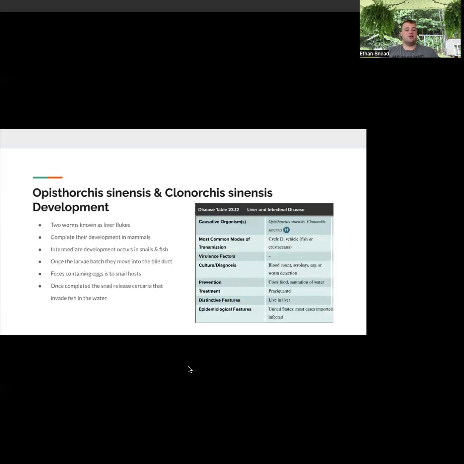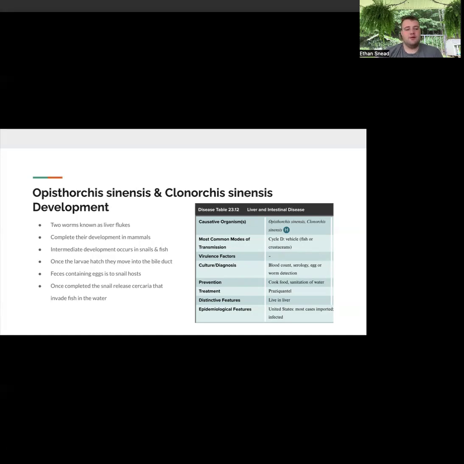Now we are on our final slide, and this is about two more helminthic diseases in the GI tract. Sorry for mispronouncing these again: Opisthorchis viverrini and Clonorchis sinensis, and this is the development of OS and CS, as we're going to refer to them here. OS and CS are referred to as liver flukes.